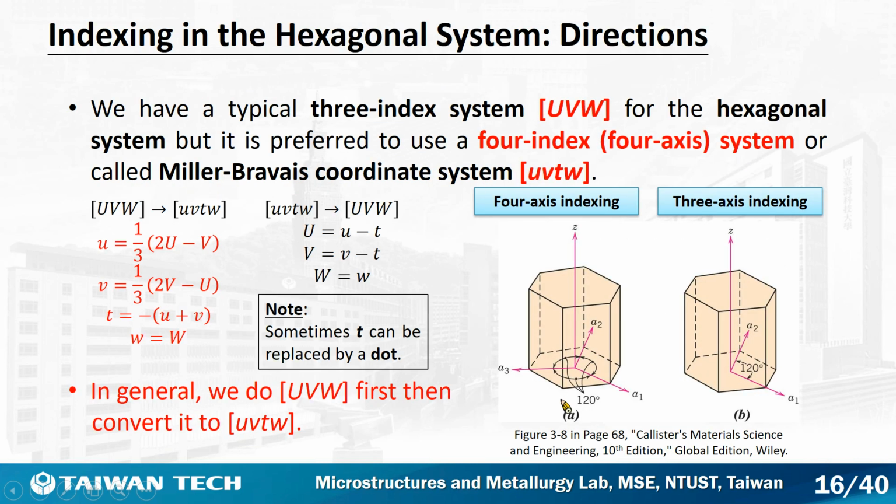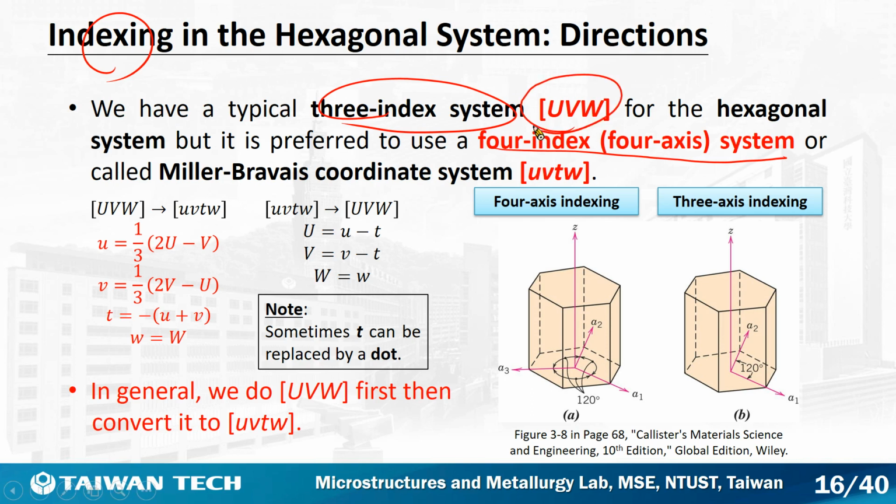Okay, and right now let's move on to talk about indexing in the hexagonal system, because the hexagonal system is kind of complicated. It can have a 3 axis index system, and also a 4 axis system. For example, right now we already know about UVW.